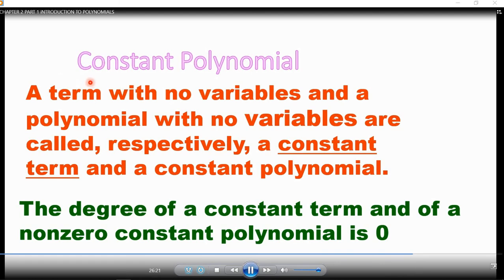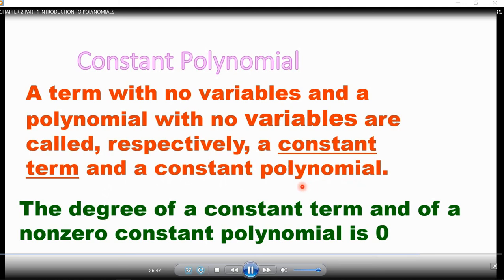I have taken the constant polynomial topic separately. What are constant polynomials? A term with no variables and a polynomial with no variables are called respectively a constant term and a constant polynomial. If the term is not having a variable, like 5 is one term with no variable, hence it is called a constant term, and it is also called a constant polynomial.